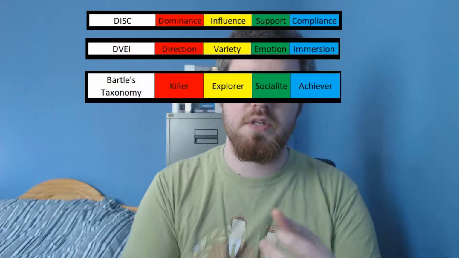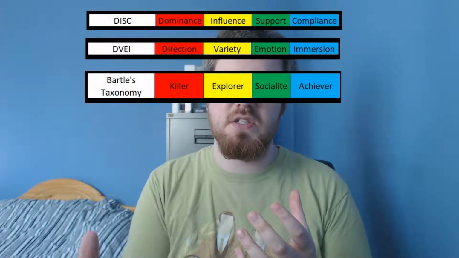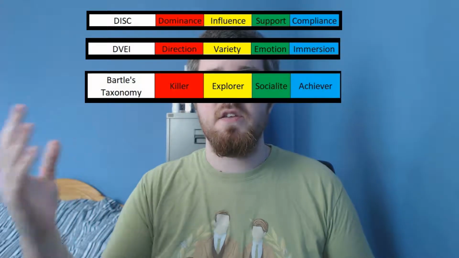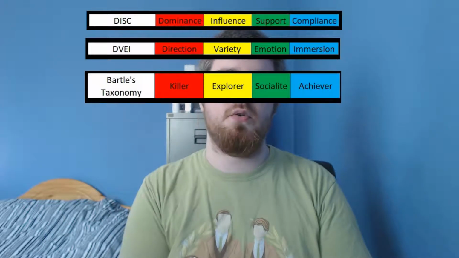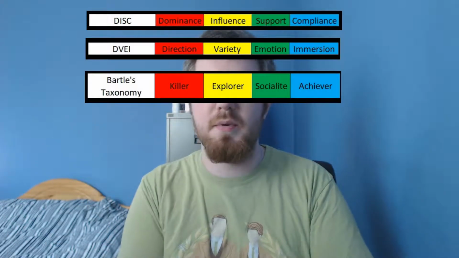You've got the explorer, who's just out to explore and test the limits of the system. You've got the socialite, who just wants to hang with friends. And then you've got the achiever, who wants the highest score, the best gold, the best armor, the best whatever.